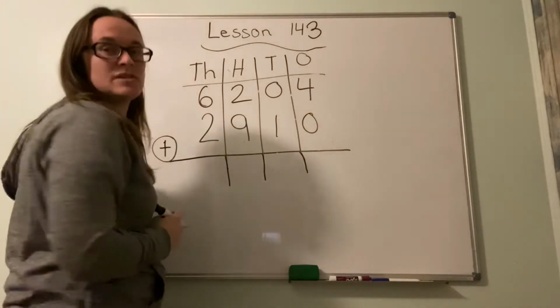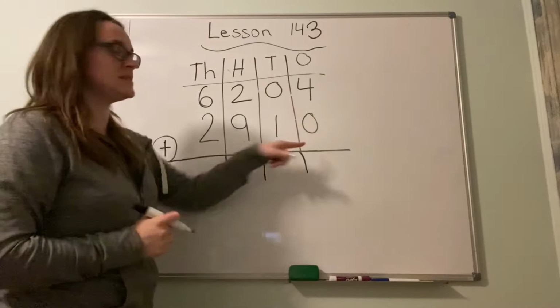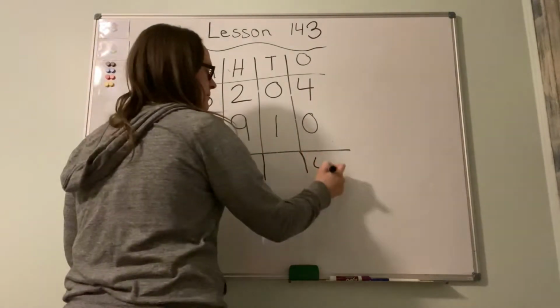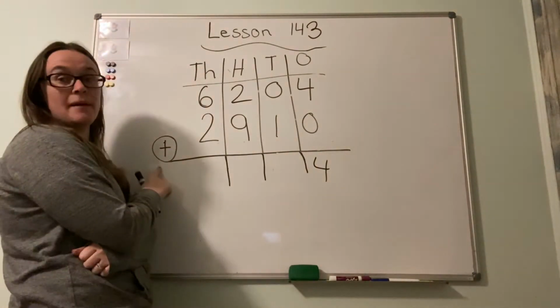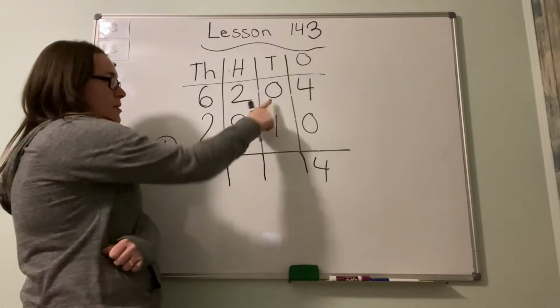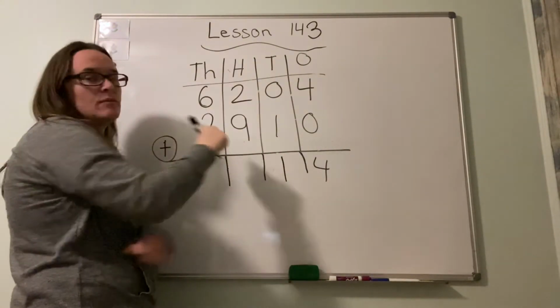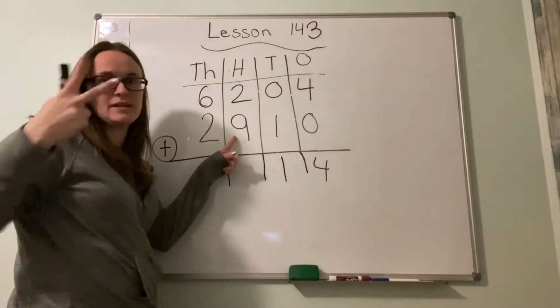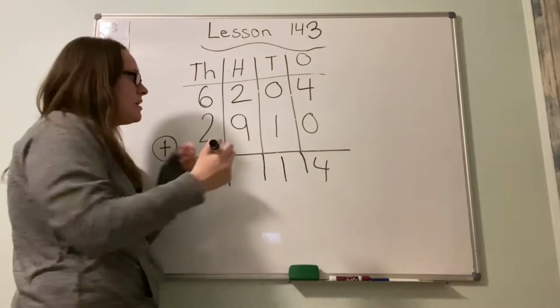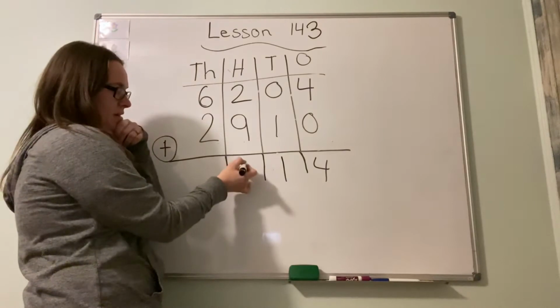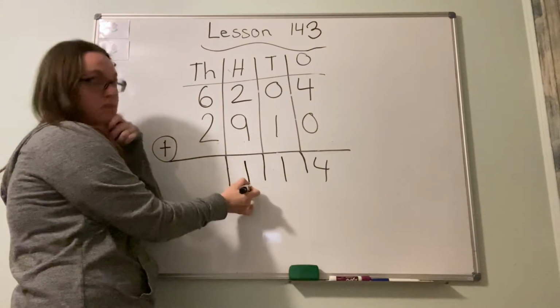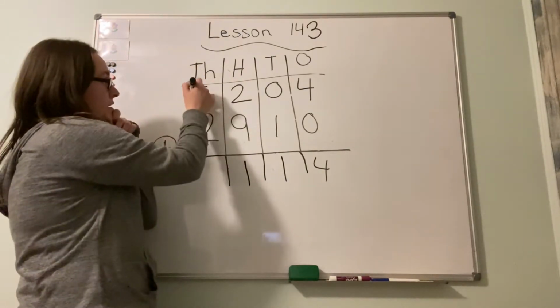Okay, where are we going to start? 4 plus 0, 4, right? And always double check your sign. I'm adding, right? 0 plus 1, 1. 2 plus 9, well, remember, you can think the big number in your head and add 2 more: 9, 10, 11. But I can't just write an 11 here. I have to write my 1 and carry my other 1.